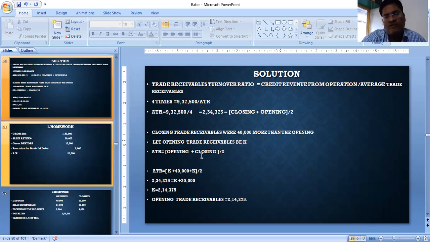Let the opening be K, then closing is K plus 40,000, whole thing divided by 2. Average trade receivables we know is 2,34,375. Therefore, K, that is opening trade receivables, when I solve it, comes out to be 2,14,375. So opening trade receivables is 2,14,375. Go on doing the sum, you will understand.